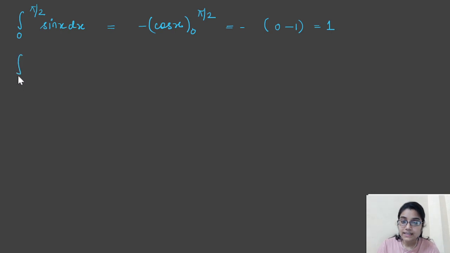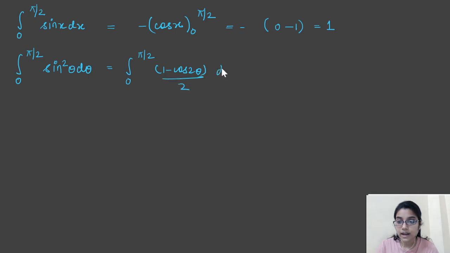Fine. In a similar way, if somebody asks you about 0 to pi by 2 of sine square theta d theta, what will you do? You will very easily convert it into the integral of 1 minus cos 2 theta by 2 d theta, and then you will find the integration like this.